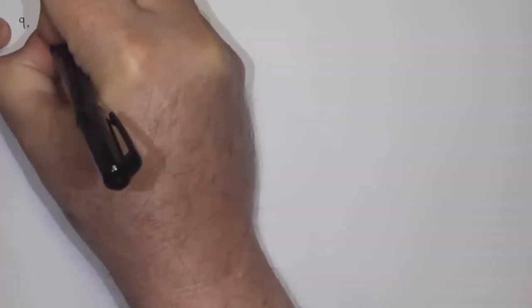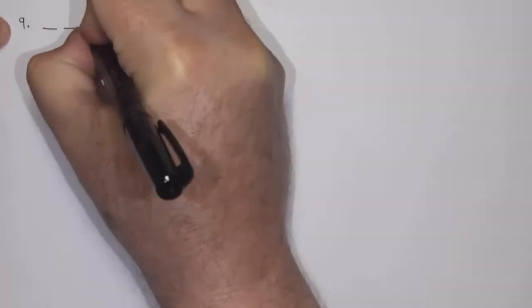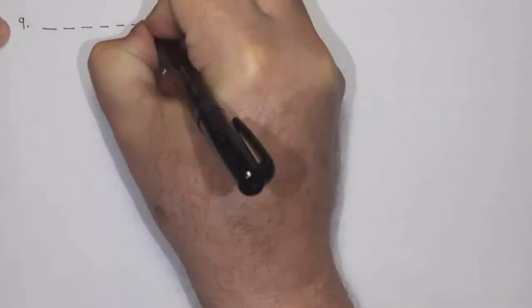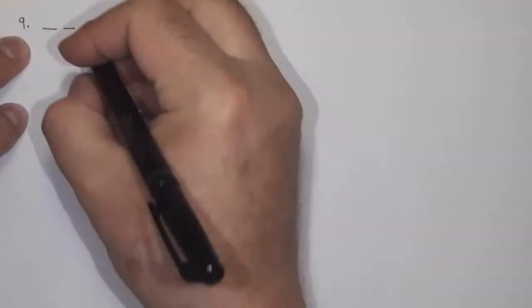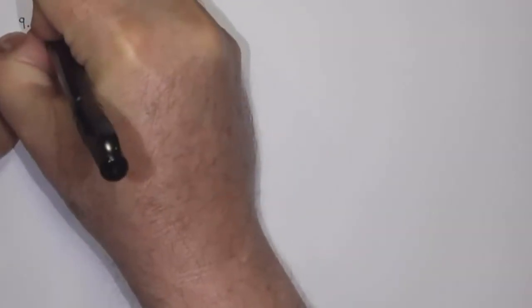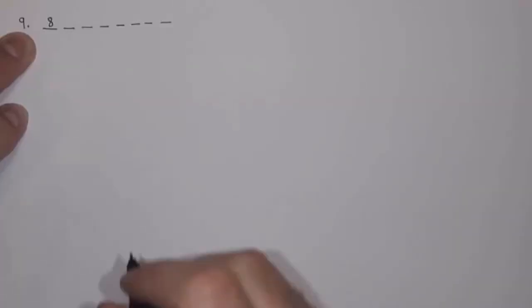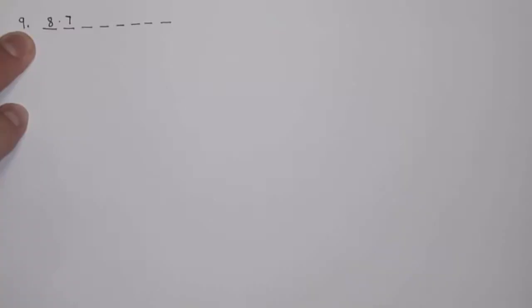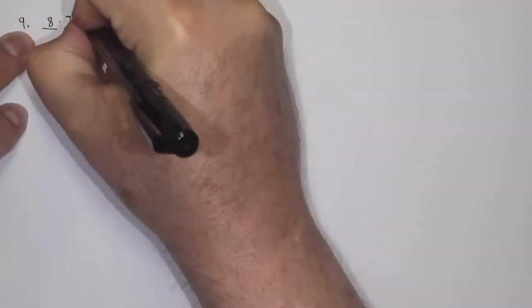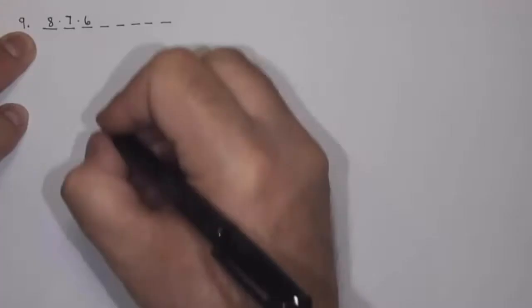Well, if we have, say, the first term, second term, third, fourth, fifth, sixth, seventh, eighth, so we have our 8th term. Well, the first term could be matched with any of the 8 pictures. And then now that picture is used, so the second term only has 7 pictures that it could be matched with. And then the third term could only have 6 pictures that it can match with.